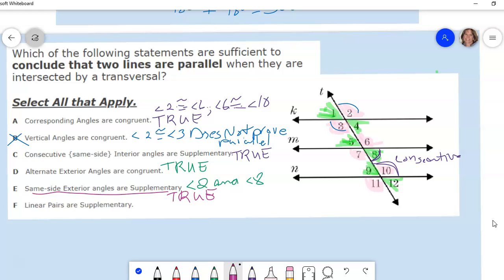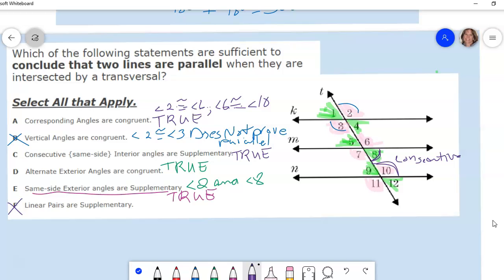All right, the next one, linear pairs are supplementary. Well, this is true. We know that by definition, linear pairs are supplementary. But again, the question comes back to, can it prove that two lines are parallel? And much like our vertical angles, even though that's part of the definition, that statement cannot prove that we have parallel lines.